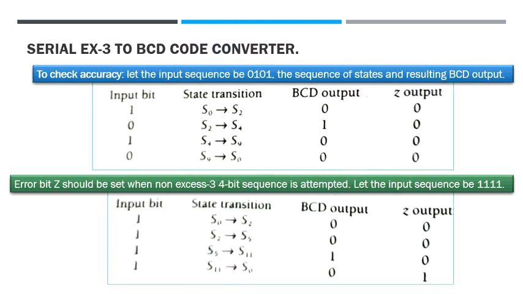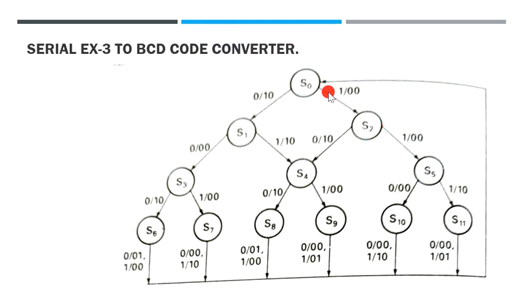When we have such a sequence, from S0 we will move to S2, from S2 we will move to S5, from S5 we will move to S11, and from S11 we will move to S0. But in this particular case, if you observe, Z will be equal to 1 for the last case, that is S11.